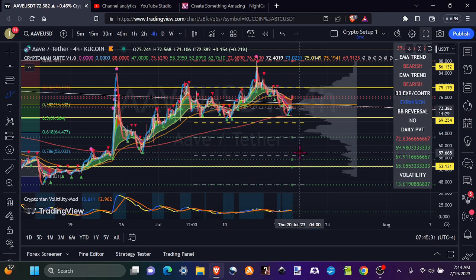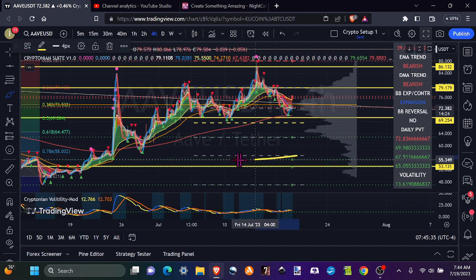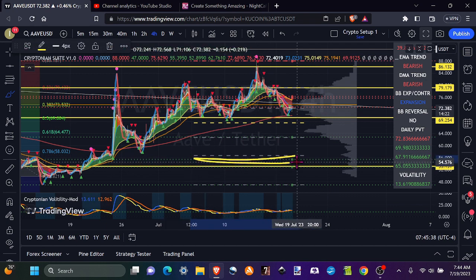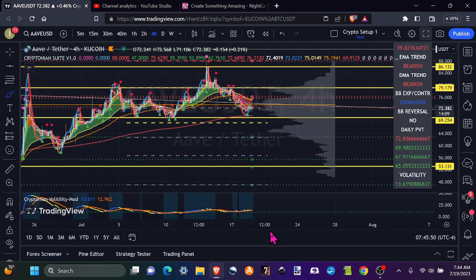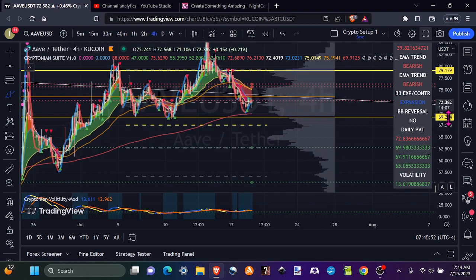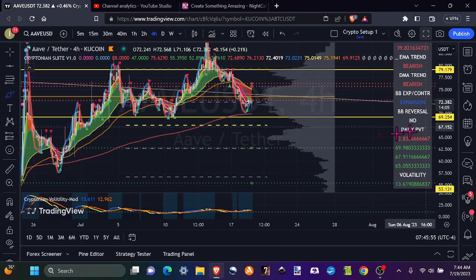Now, in a worst case scenario, a higher low at about 56.76. That would have to be an extreme pullback, though. Bitcoin's going to have to have a healthy pullback for AAVE to reach that level. I don't think that's in the cards or expected right now.